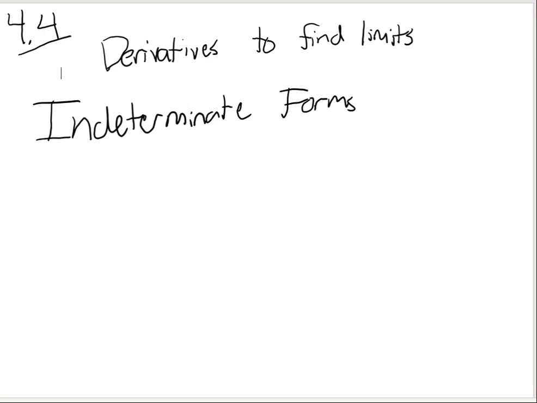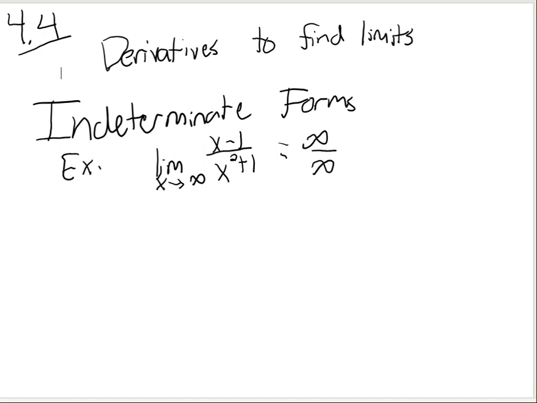Some examples are the limit as x approaches infinity of (x minus 1) over (x squared plus 1). So you can't really think of plugging in infinity. But if you want to think in that sort of sense, what you get by this plugging in is infinity over infinity, which is an indeterminate form.